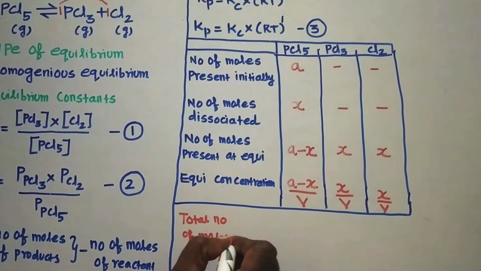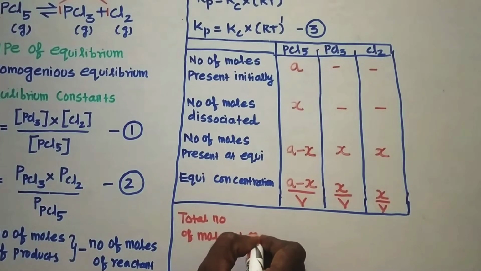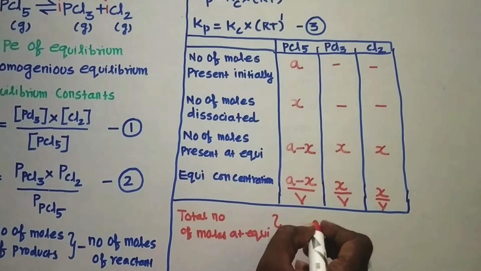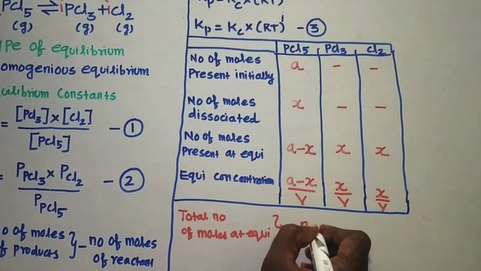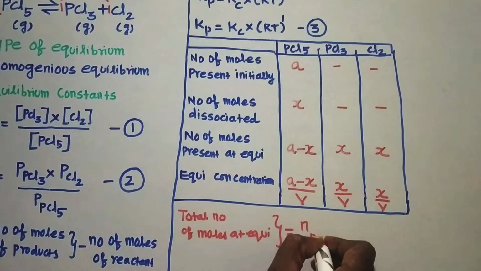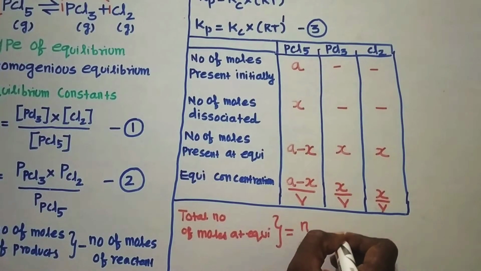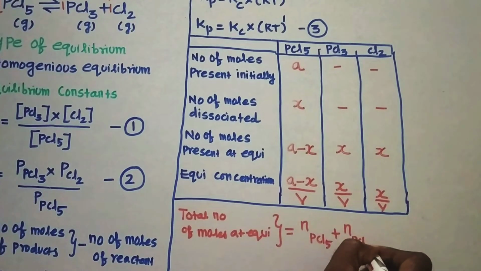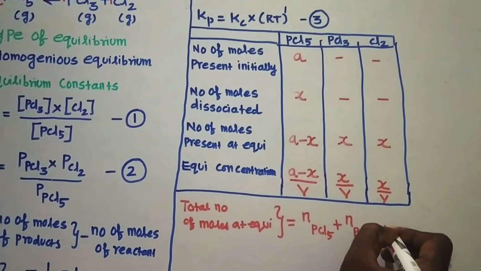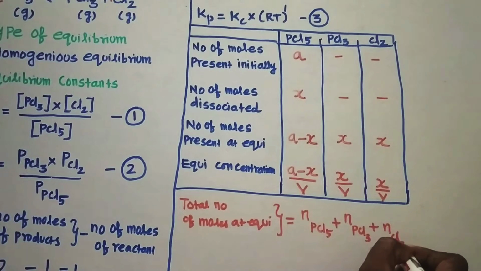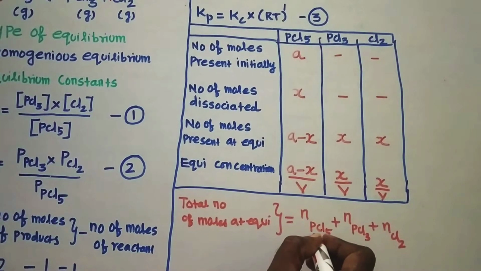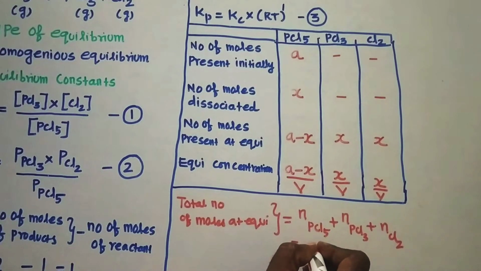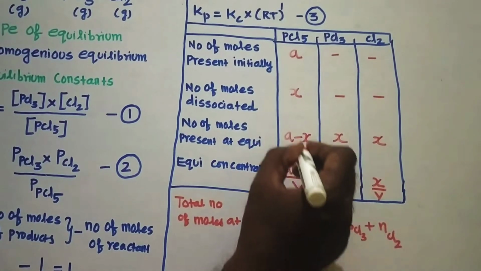That is the summation of the number of moles of PCl5 plus the number of moles of PCl3 plus the number of moles of Cl2. It is well known that the number of moles of PCl5 is equal to a minus x.